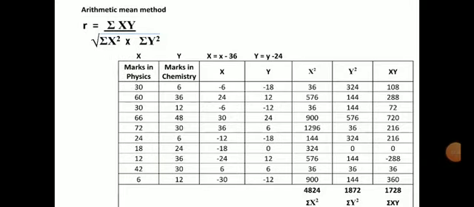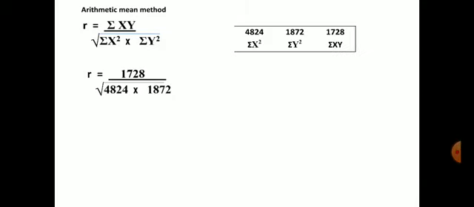That is summation xy, 1728, divided by the square root of 4824 into 1872. If you calculate it, the answer you will get is r is 0.575026.